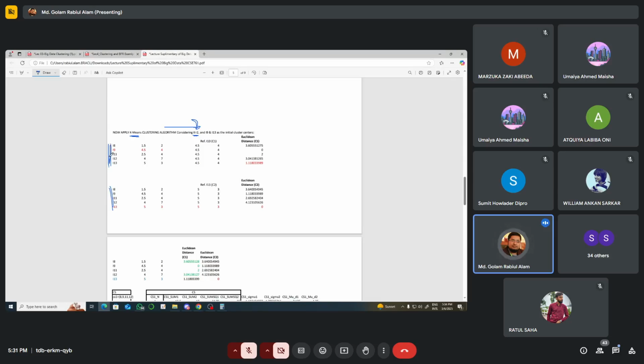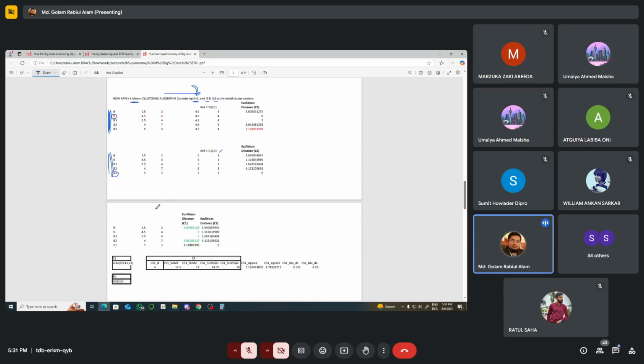If we apply the K-means algorithm here, then I think we know how to calculate the K-means clustering values. Initially I have taken I9 and I13 as the initial centroids, and then find out the distance from each point to cluster center 1 and cluster center 2.